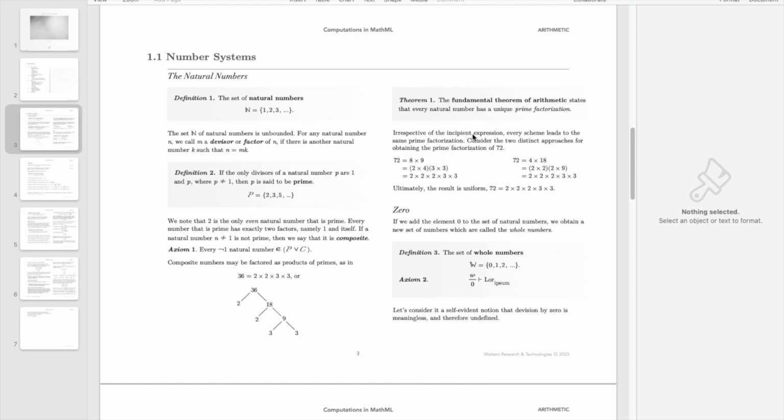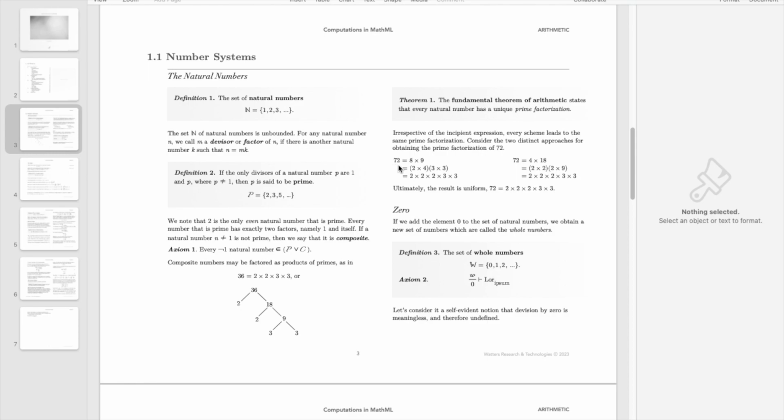So what do I mean by incipient expression? This first expression here, to the right of the equal sign. As long as it's, of course, valid as a multiplicative expression that factors to the, I guess I might say, root expression.